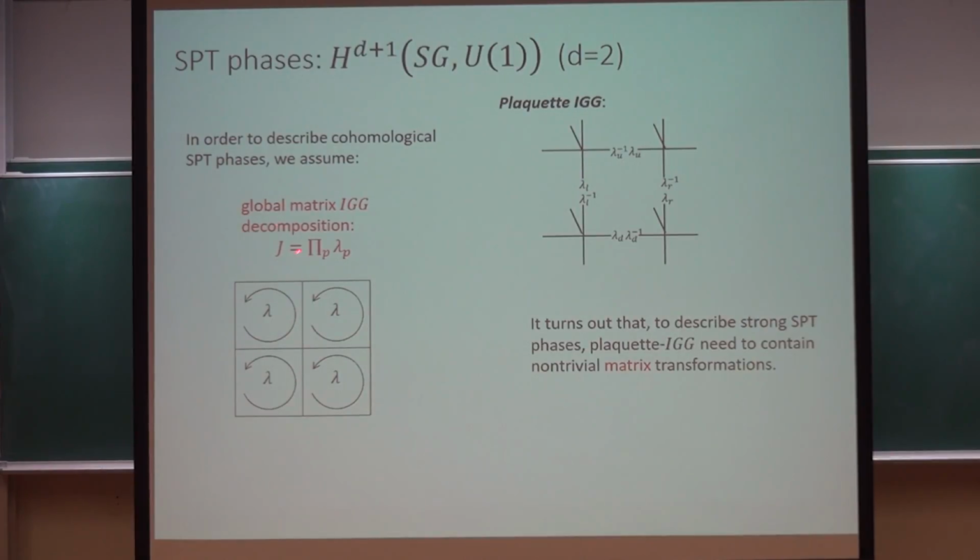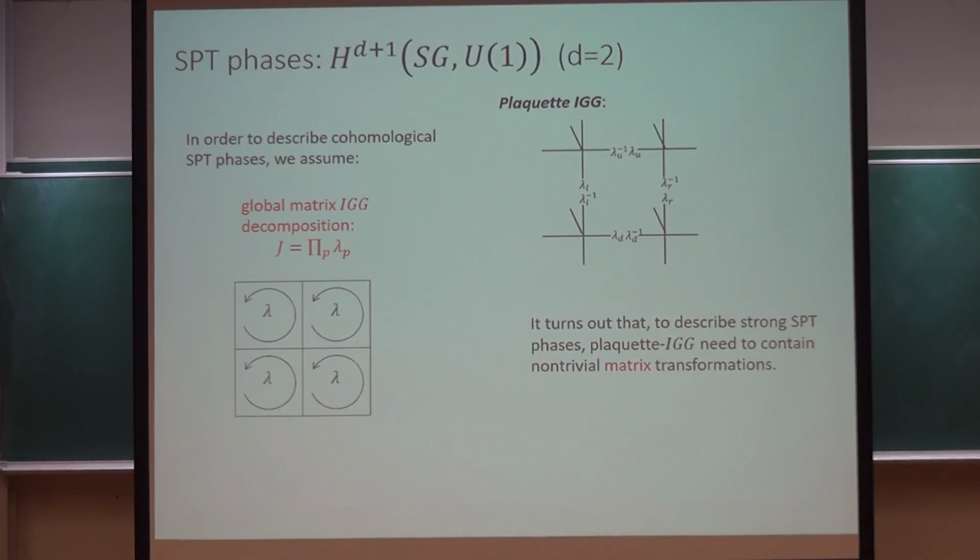So we will require this J invariance can be decomposed into this product of these matrices IgG. This is a plaquette matrix IgG. The P means plaquette, and then you multiply all of these, and you can get this global IgG. That's the assumption.